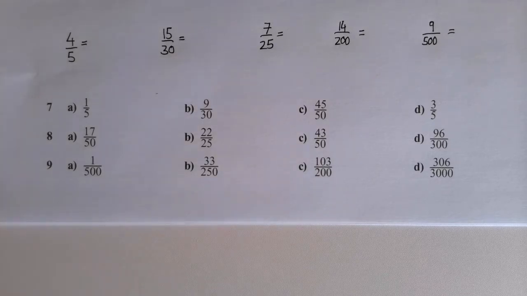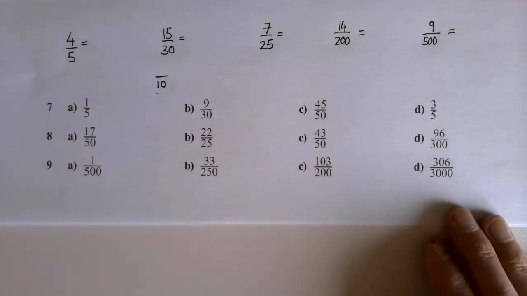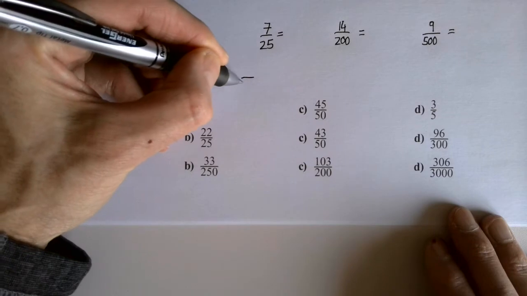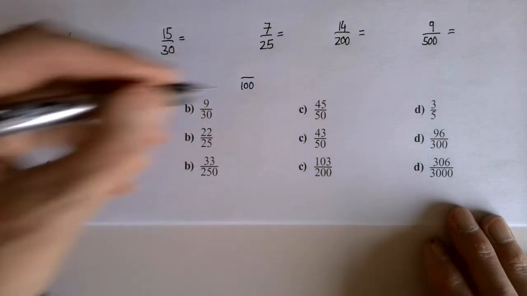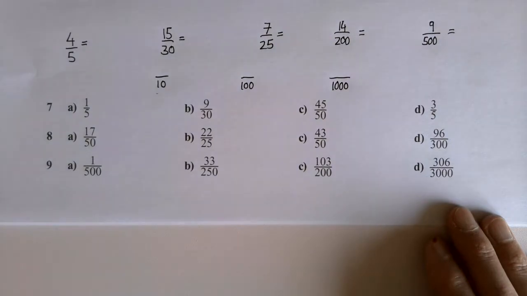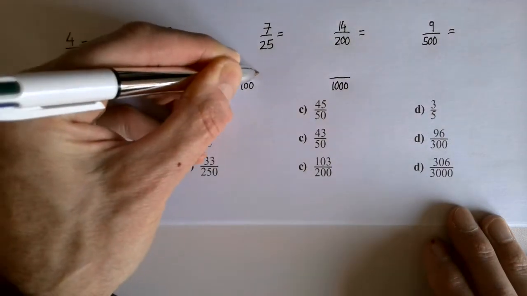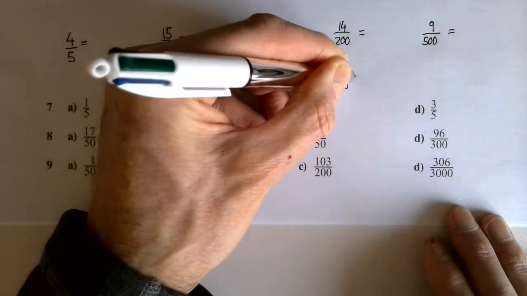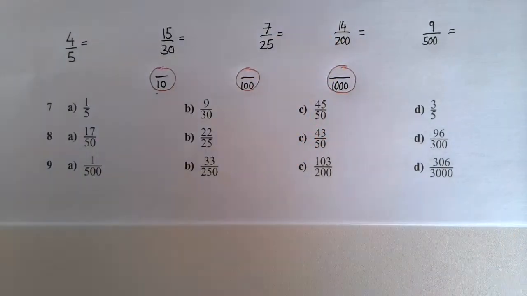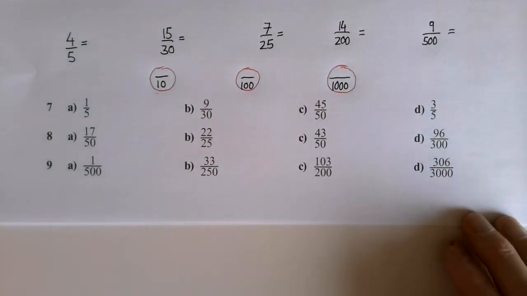We can change it if we can get a denominator of 10 or 100 or 1000. We've just shown in the previous exercise that it's easy if you've got fractions written with any one of those denominators. So we don't just aim for a denominator of 100, we could aim for 10, 100 or 1000. Let's have a look at a couple of examples.